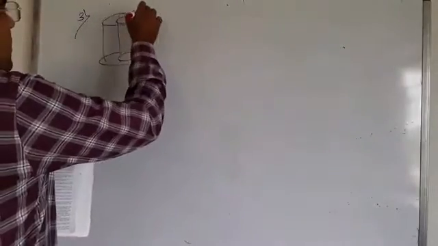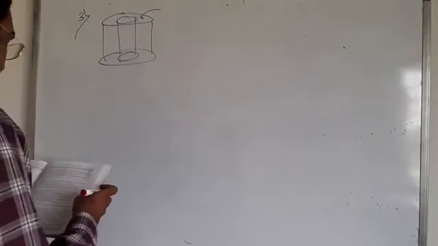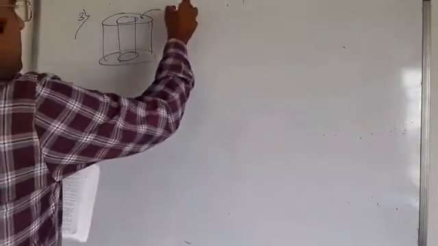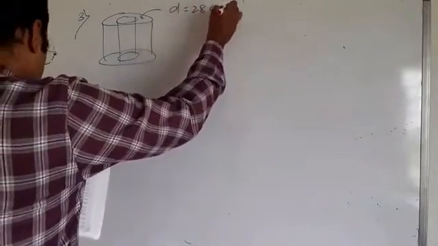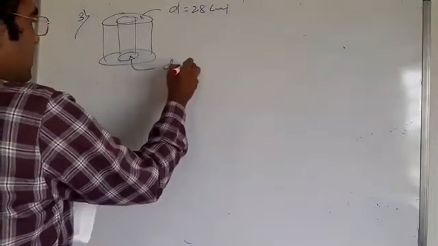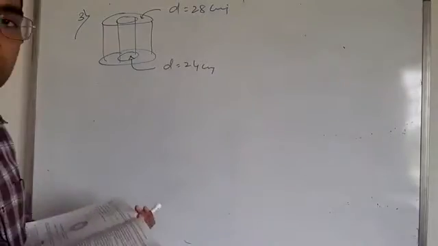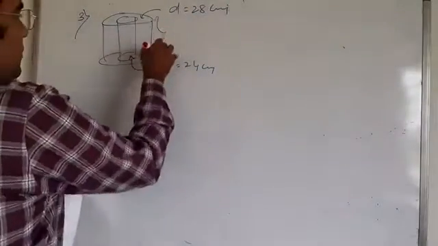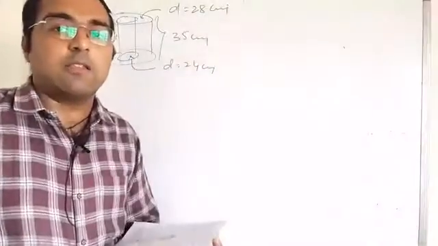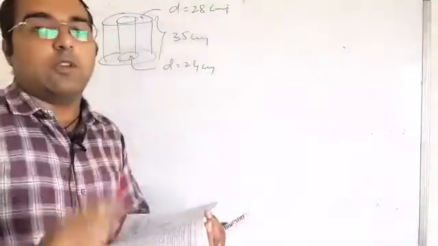For the outer cylinder my diameter is 28 centimeter, and for the inner cylinder my diameter is 24 centimeter. The length of the pipe is 35 centimeter, therefore the height of the cylinder is 35. This height is considered for both the inner and outer cylinder.